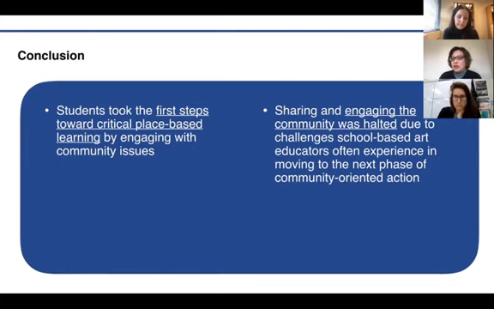Many of the challenges we experienced, severely limited class time and confinement to the classroom, were realities for many art teachers prior to the pandemic and will exist after the pandemic. They are simply amplified due to COVID-19.